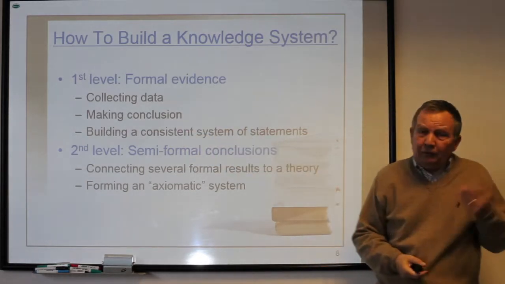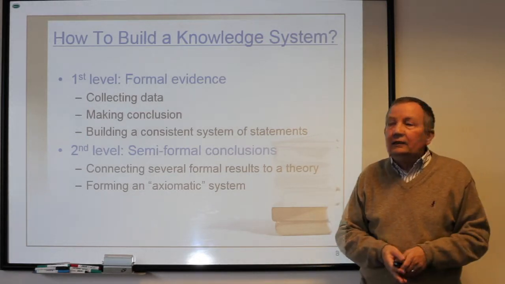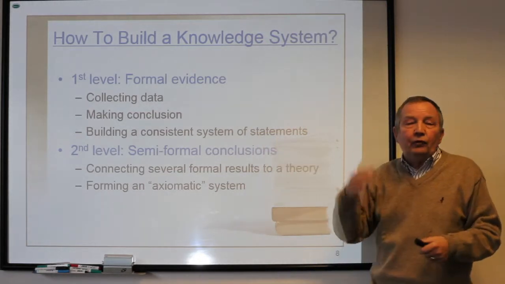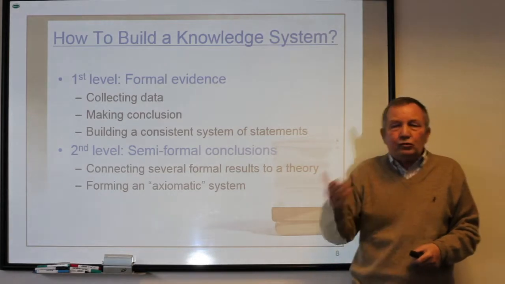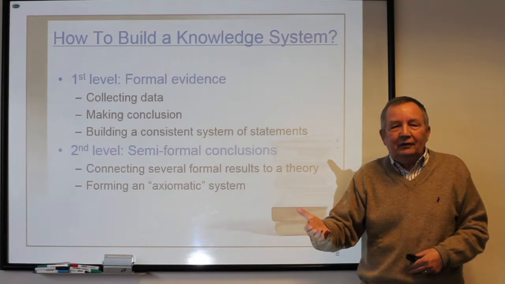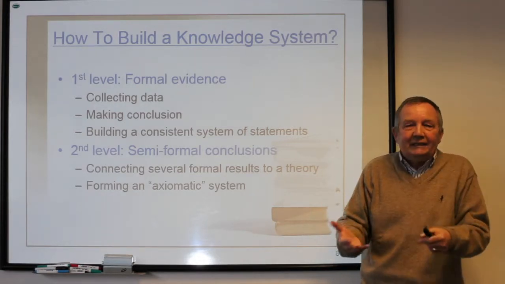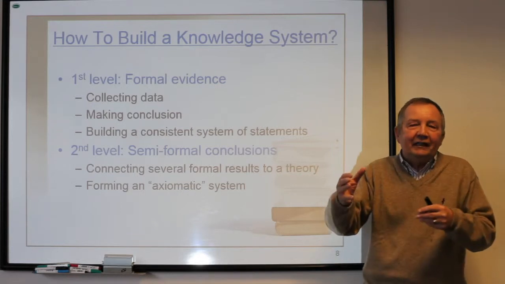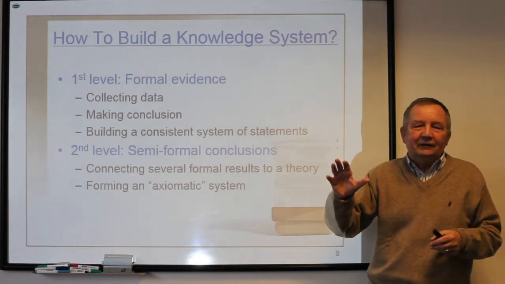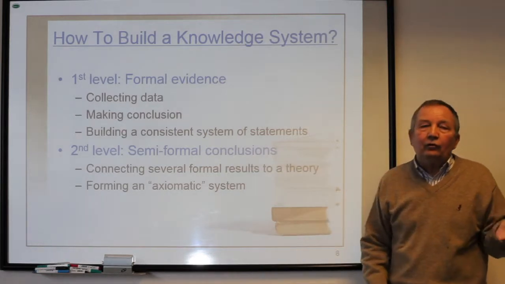And so what we have to do is build a consistent system of statements. For example, we can ask, why should spinach be 10 times richer in iron than any other plant? What's the reason? And then we see we have to doubt this fact. Then we draw semi-formal conclusions.